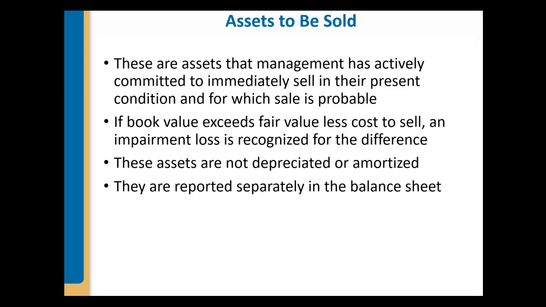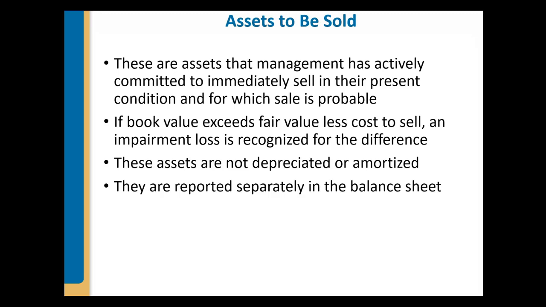These are assets that management has actively committed to immediately sell in their present condition and for which sale is probable. An asset or group of assets classified as held for sale is measured at the lower of its book value or fair value less the cost to sell.